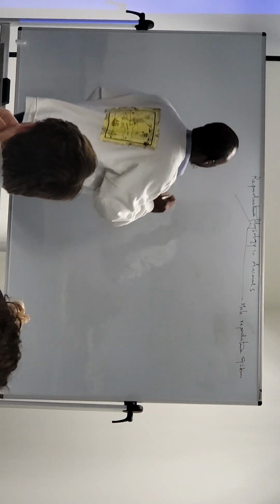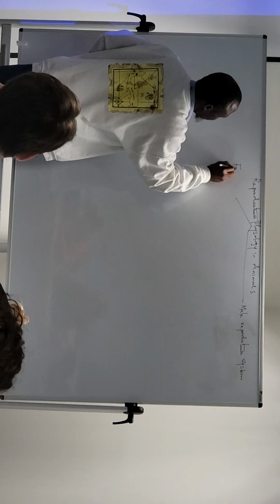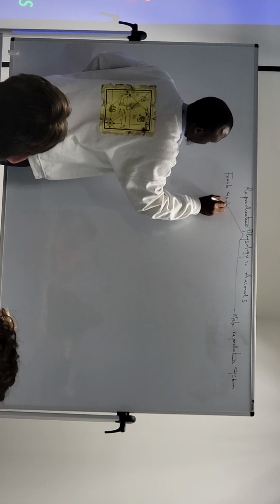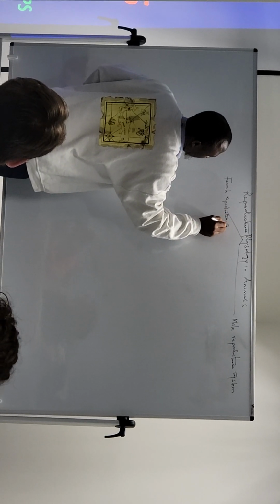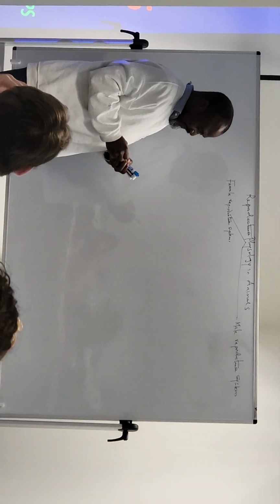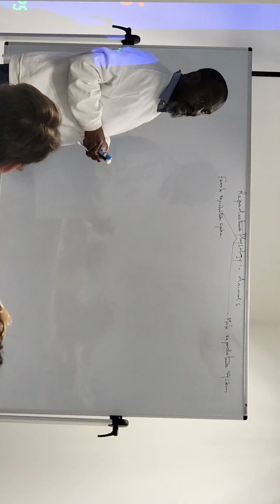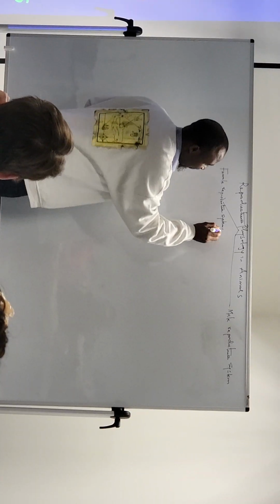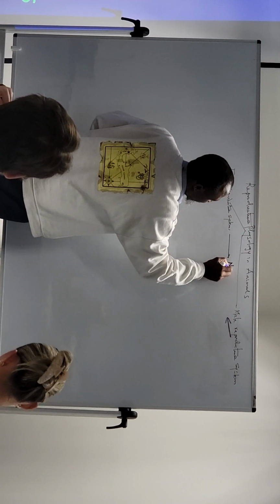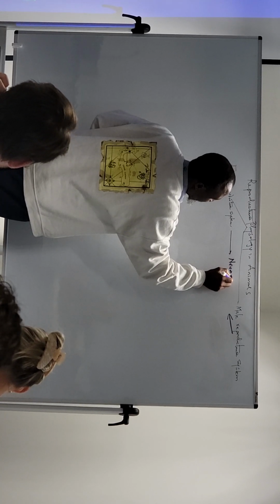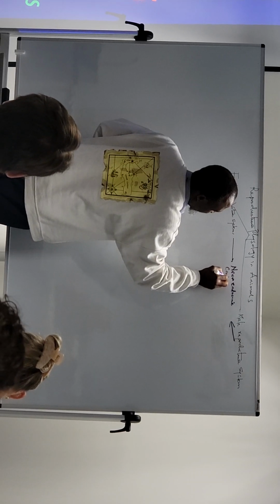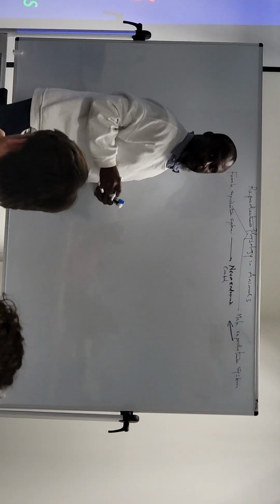So we have the male and female reproductive systems. These two systems are regulated by neuroendocrine control.